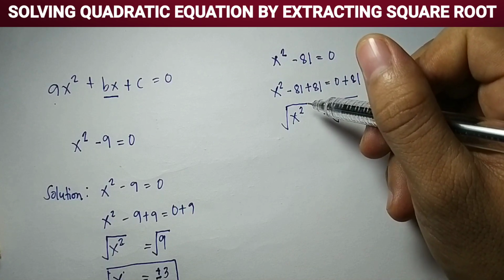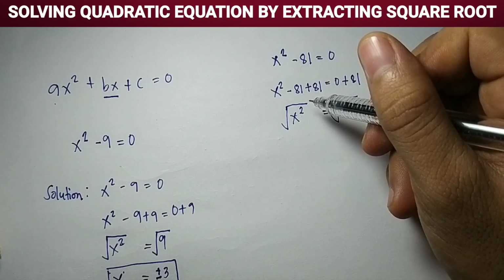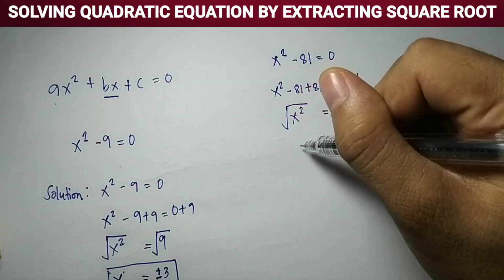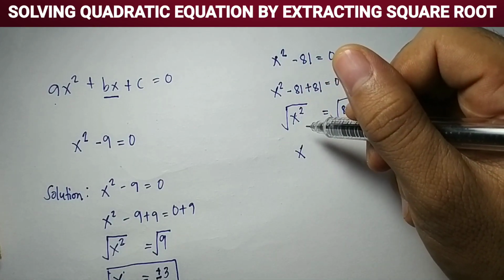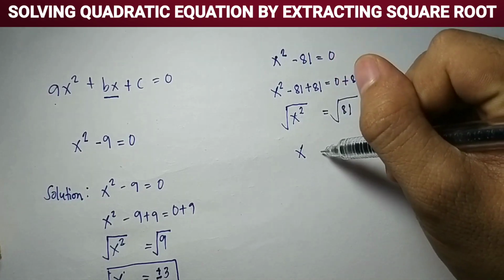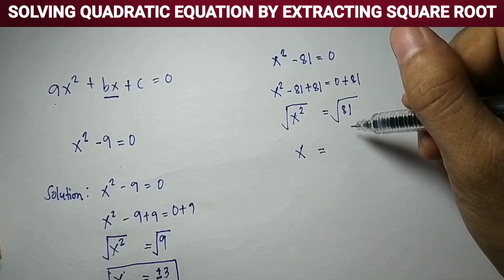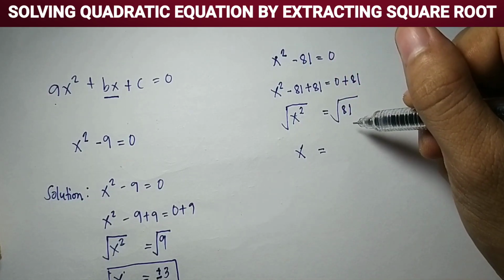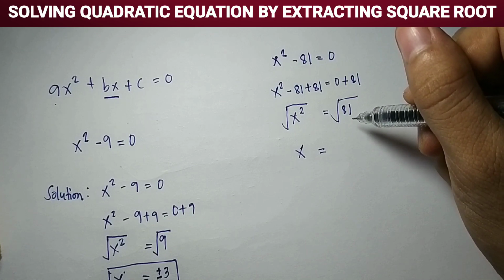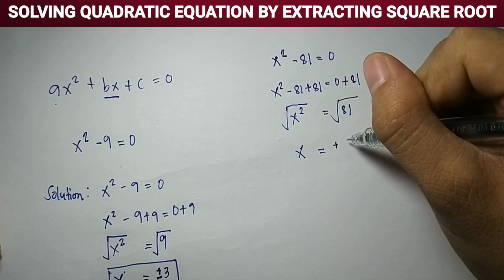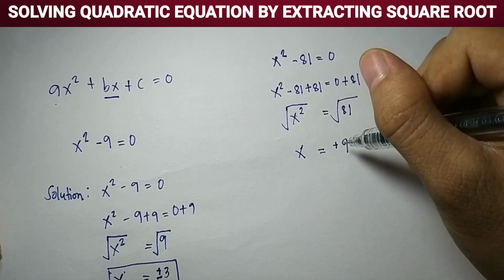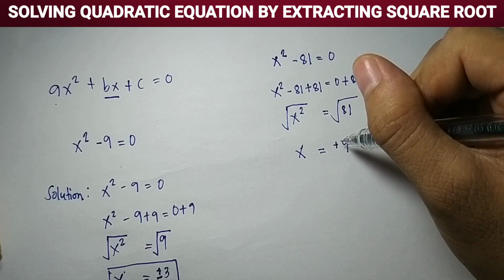So unsa atong i-multiply sa iyang kaugalingon nga mo-answer og x squared, di ba x times x man. So that is the square root of x squared, x. Next, unsay square root sa 81? So mangita pud ta og number nga atong i-multiply sa iyang kaugalingon nga mo-answer og 81. So pwede siya positive 9 kay 9 times 9 is 81.